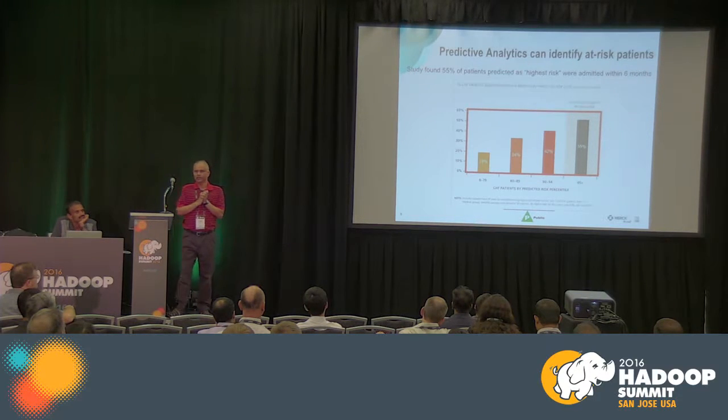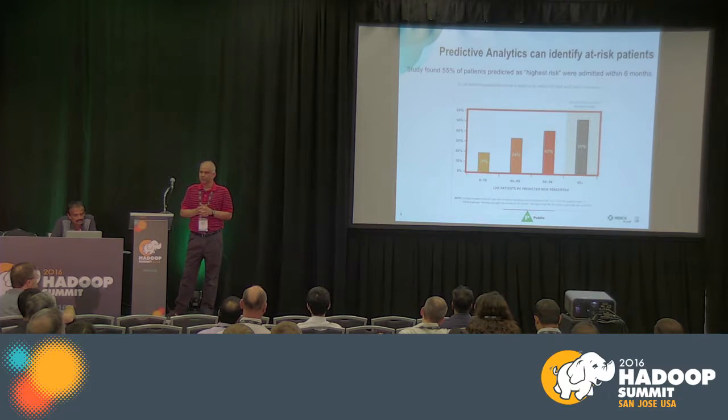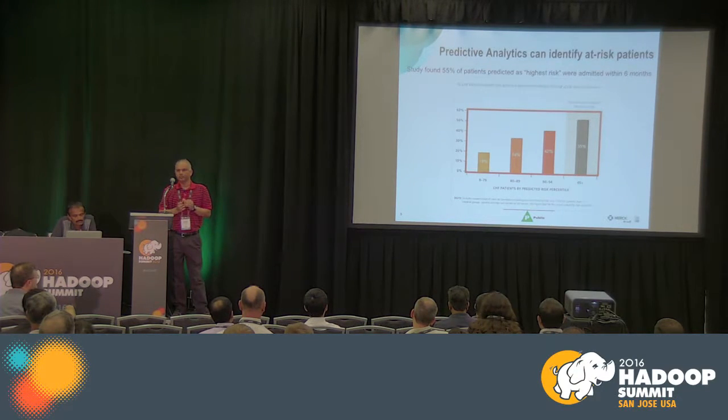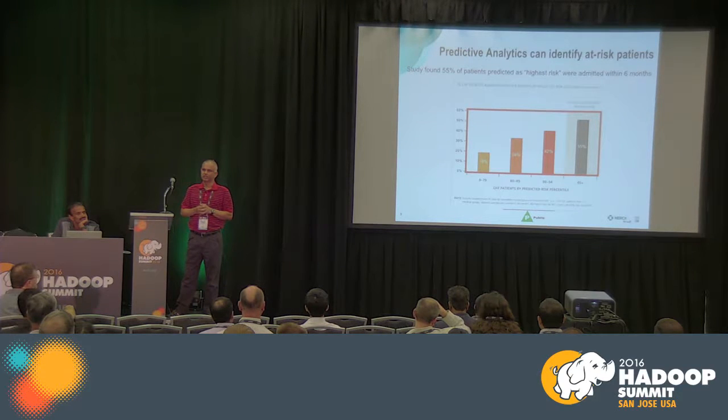So if you really look at the predictive aspect, this is a chart that was produced by Optum. For congestive heart failure, they have shown that the percentage of patients who were admitted to a hospital was pretty close to what they had predicted. At the 95th percentile, 55% of those patients were actually admitted into the hospital, just as the prediction stated.